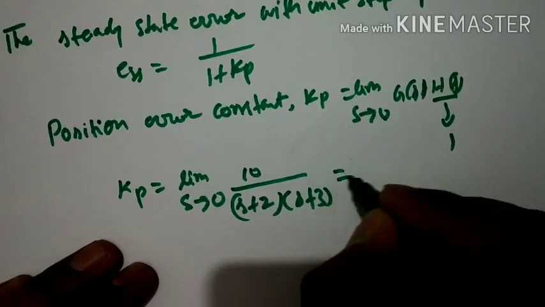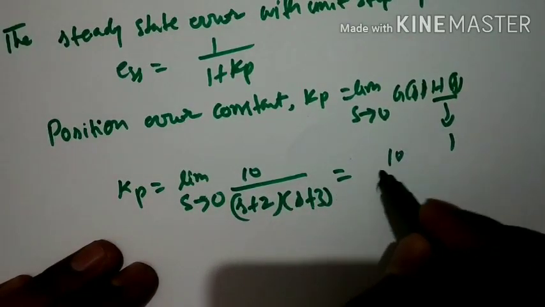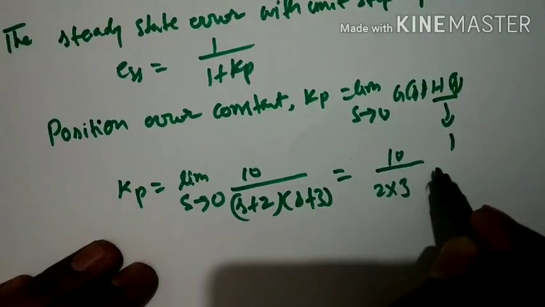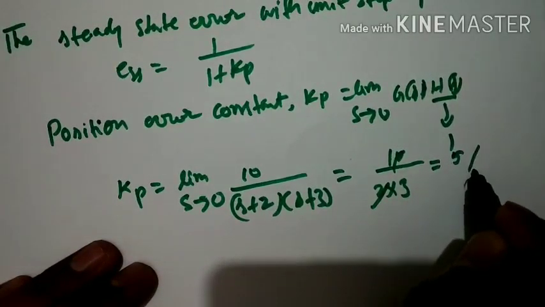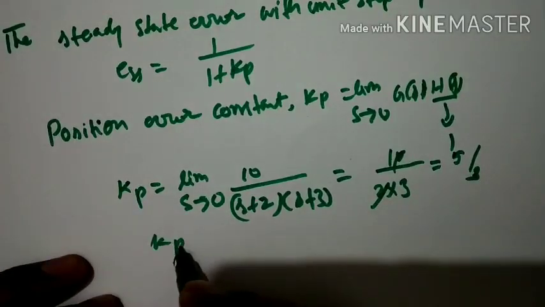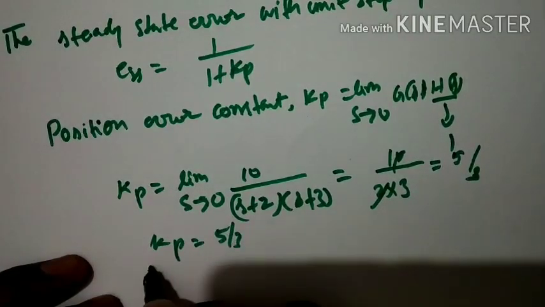Now directly we substitute s tends to 0: 10 by 2 into 3. So how much do you get? 5 by 3. So our Kp value is equal to 5 by 3.